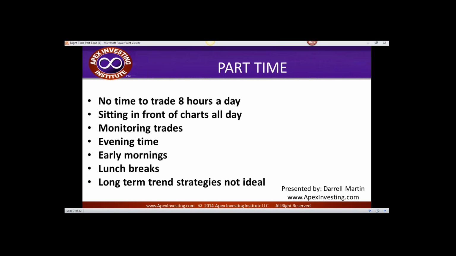But starting off, you don't always have 8 hours a day to sit in front of a chart and a computer monitoring all your trades. You may have a full-time job. You may only be able to trade early in the morning before you go to work, or a lot of you trade at night when you get home from work, and some of you can't trade every single night either.